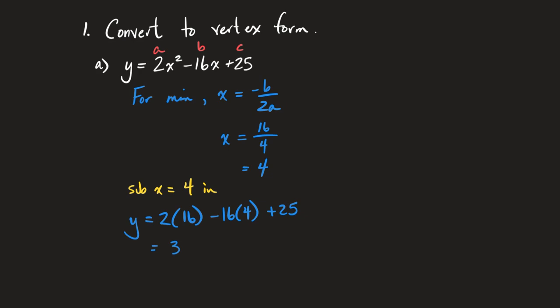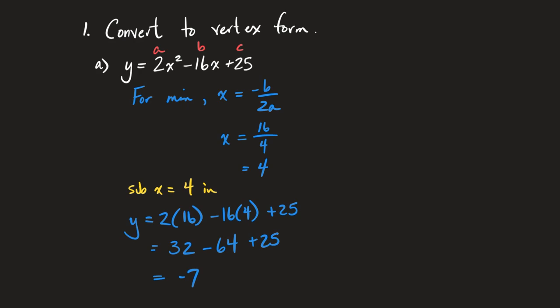That is going to give me 32 minus 64 plus 25. If I take my 32 minus 64, that's a negative 32. Add on 25, there is my -7. I did all my work.